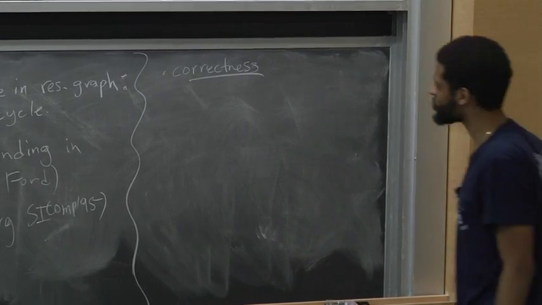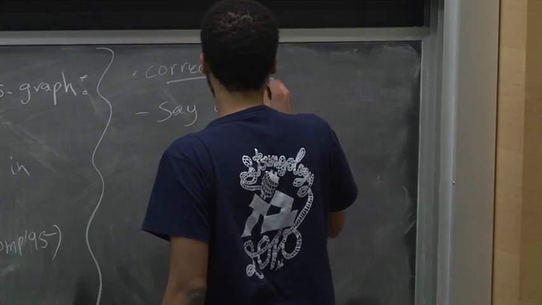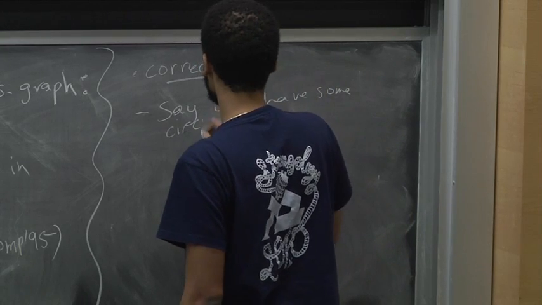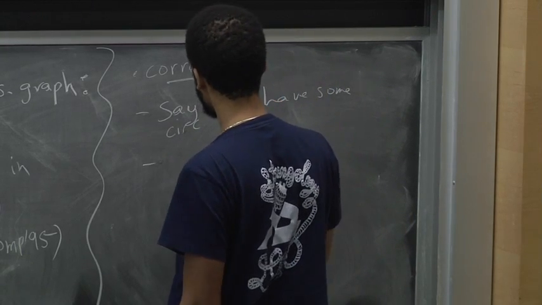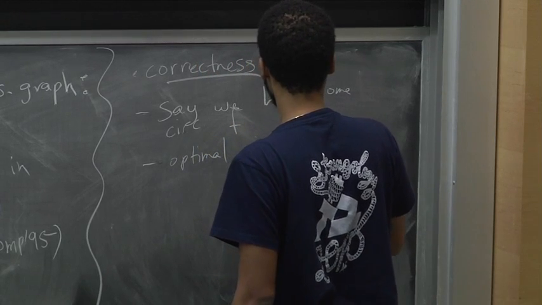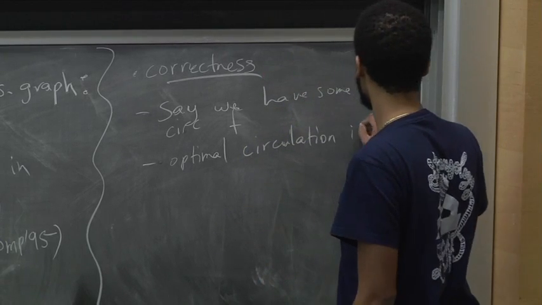Say we have some current circulation F, and the optimal circulation in terms of cost is F star.